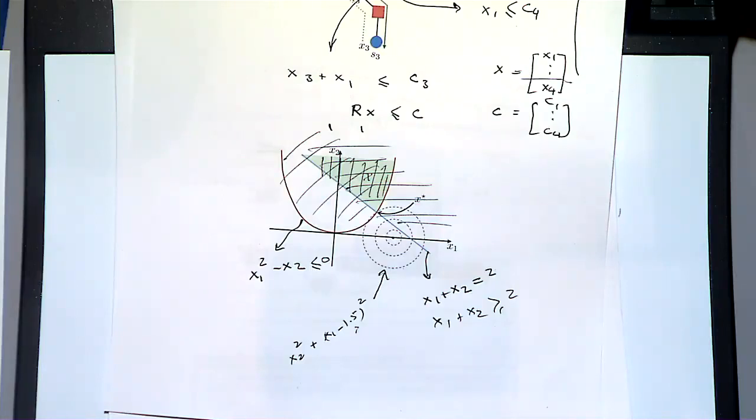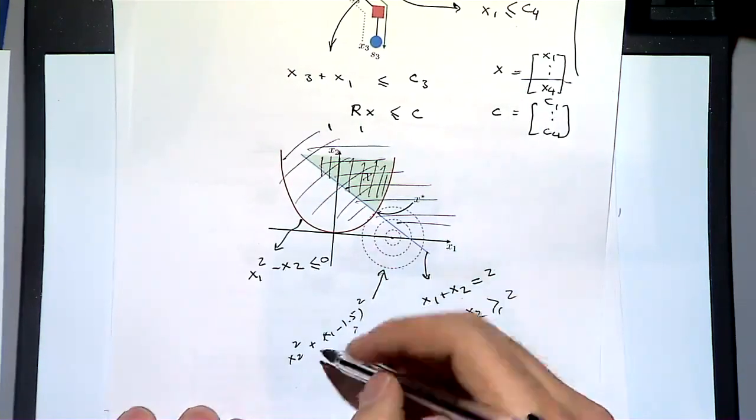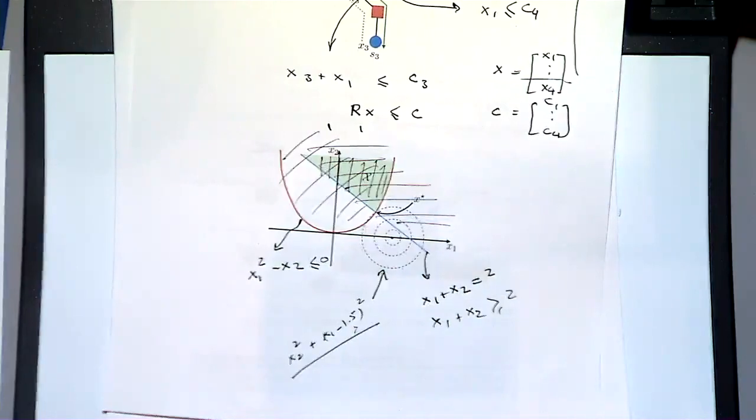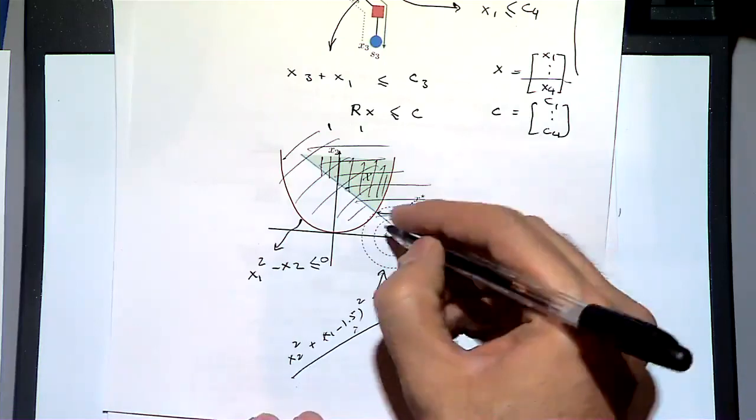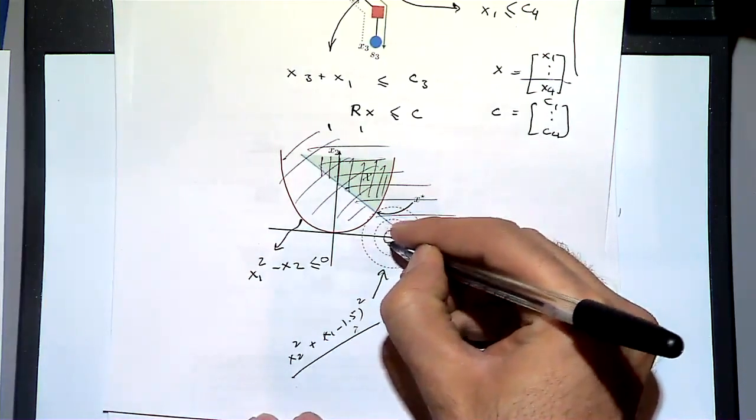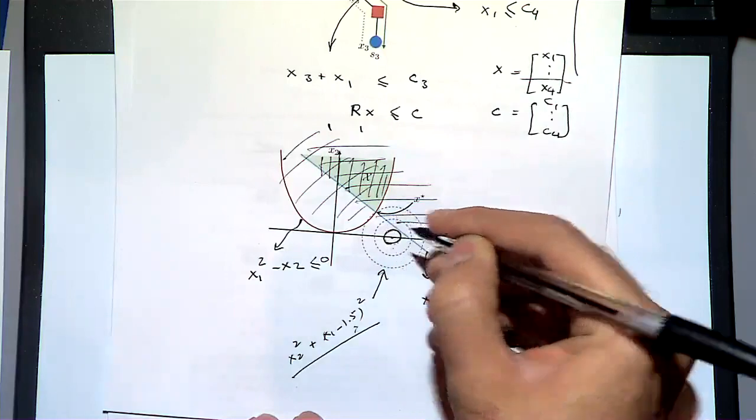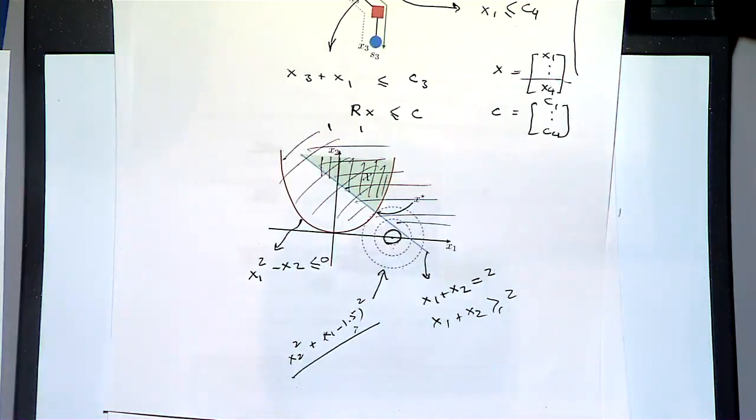Now I want to find a point in that set that minimizes this object. This object is the radius of some circle centered at point 1.5 and 0, right? So if I pick a very small circle like this, its radius is small, but what goes wrong?